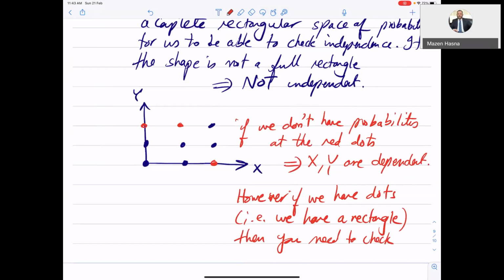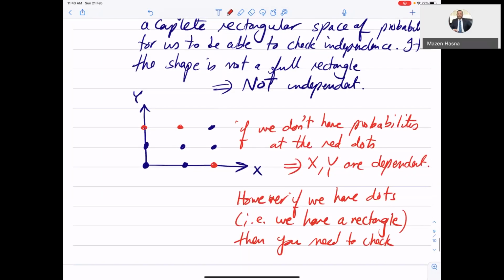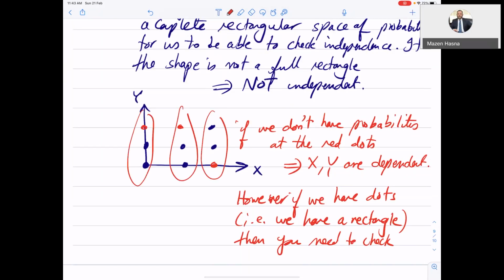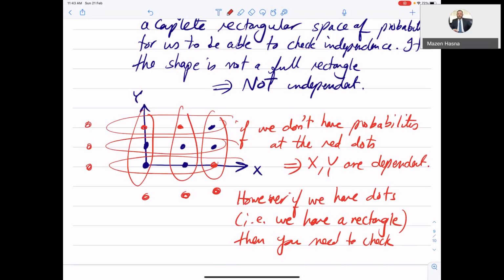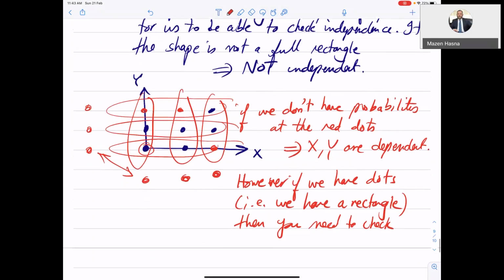How do you check? You find f of x and f of y. So you sum to find x and to find y, and then you multiply each one of them to check if it gives you the constellation point.